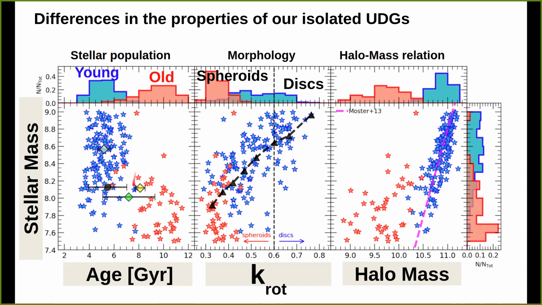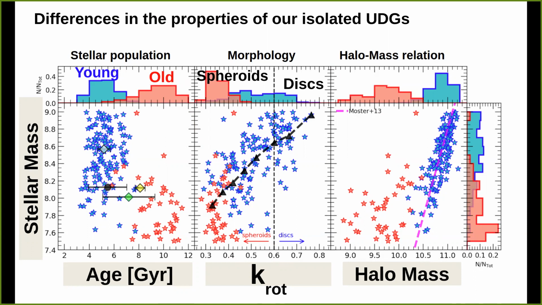Here, the yellow diamond represents the average of a subsample of UDGs in a cluster, and the blue diamond corresponds to the average of UDGs in the field. In the central panel, we have the kappa rot parameter, which is an indicator of morphology.